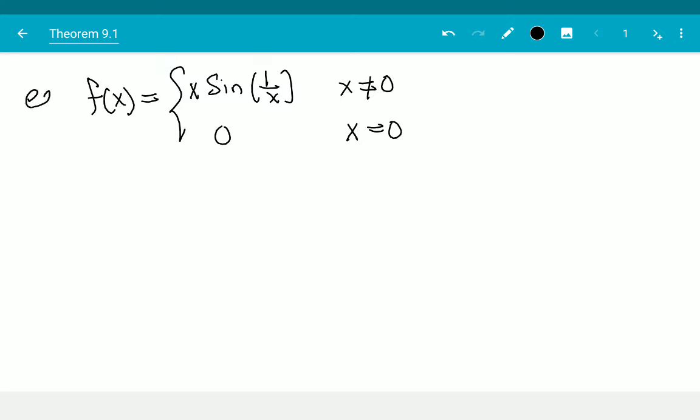Okay, example. Let us try to find f prime at 0. Does f prime of 0 exist?